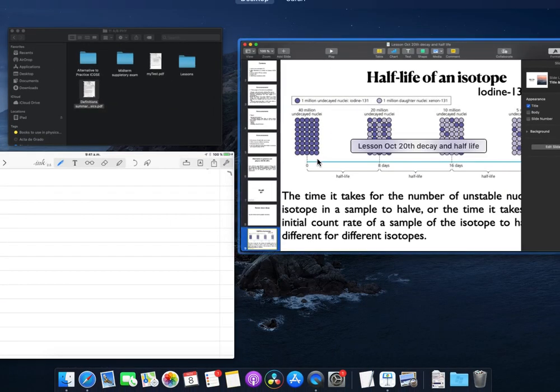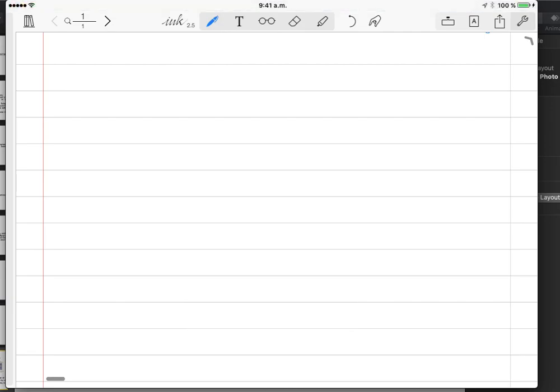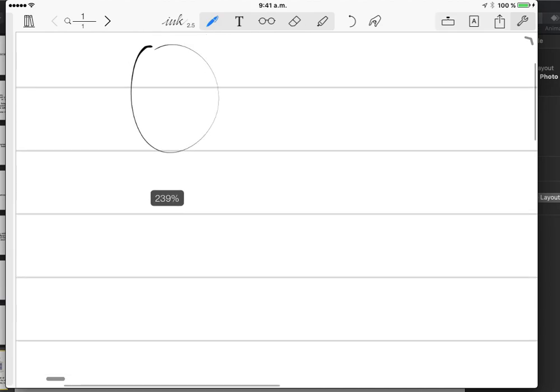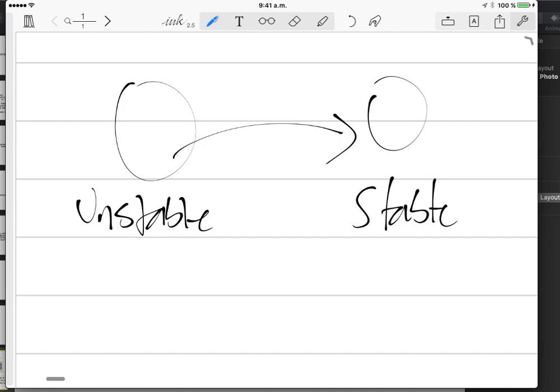In order to convert from a state that is unstable, an isotope, to stable, in that process you can find different things, like decay.